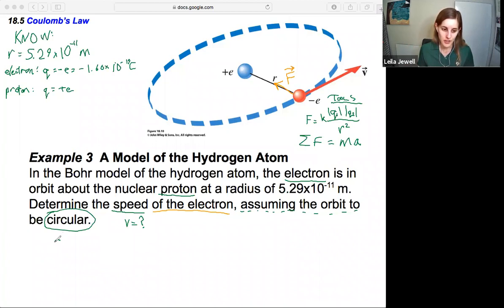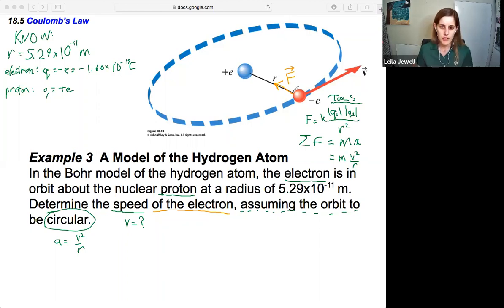So for the circular motion, the acceleration must be given by v squared divided by r. So the net force the electron experiences is going to have to come out to mass times v squared divided by r. And we already know r, we're trying to find v. What about m, the mass?